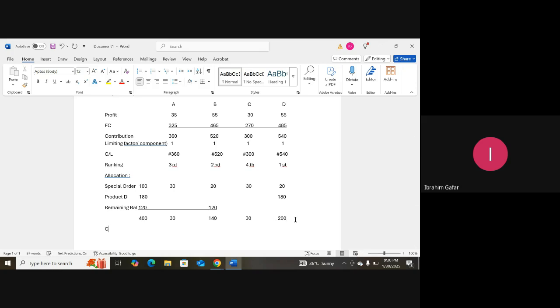So our contribution now, for those of you that joined the first class, I think you understand what we are going to do next. But for those of you that are just joining, the next thing is to use our contribution per unit.